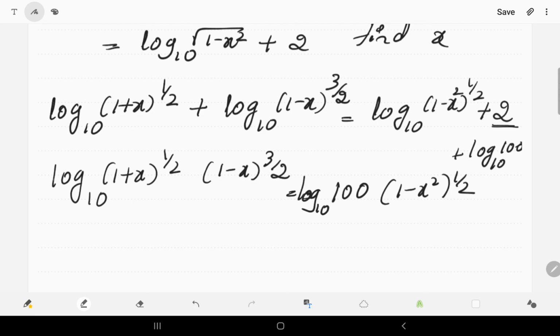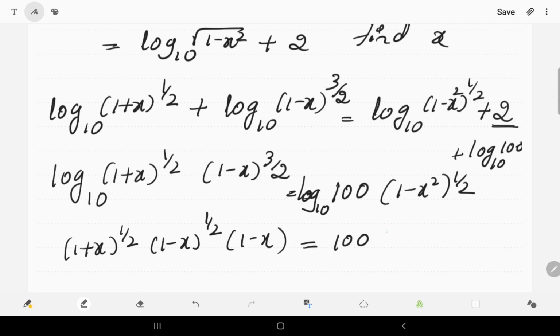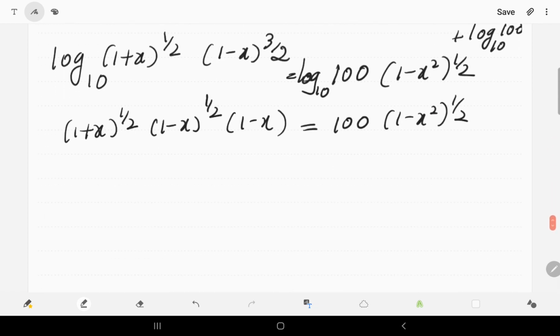Now log of 10 cancelling on both sides, this is equal to 1 plus x raised to 1 by 2 into 1 minus x raised to 3 by 2, meaning 1 minus x raised to 1 by 2 plus 1, that is 1 minus x, equal to 100 into 1 minus x square raised to 1 by 2.